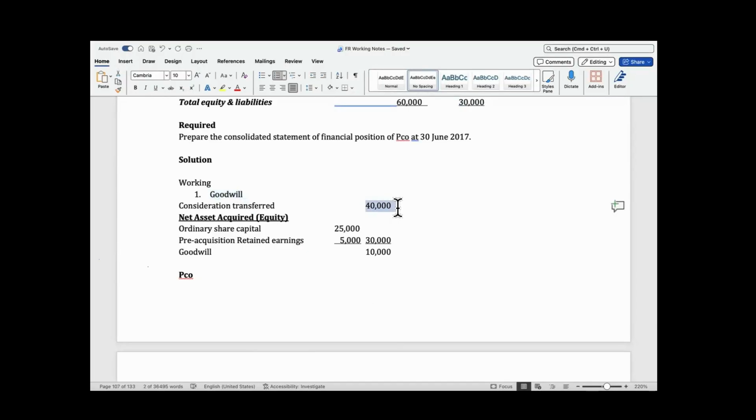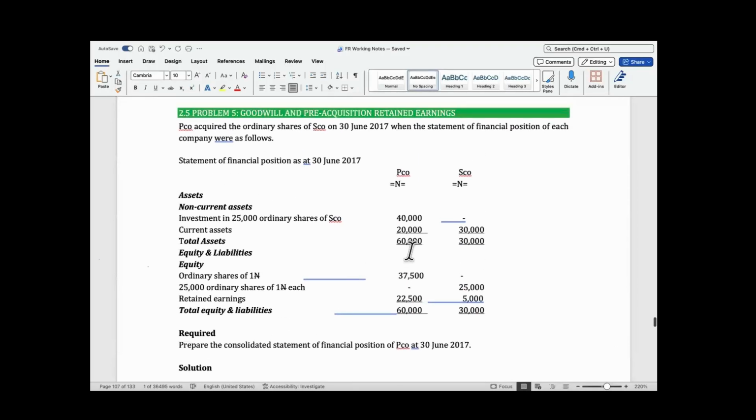So I canceled out this 40,000 against the equity of ESCO, which comprises the share capital and the pre-acquisition retained earnings of ESCO, which is 30. The balance is goodwill. That will be consolidated, and that's the only item you cancel out. Every other item, these current assets, you add together, along with the goodwill, the balance of 10,000 here.